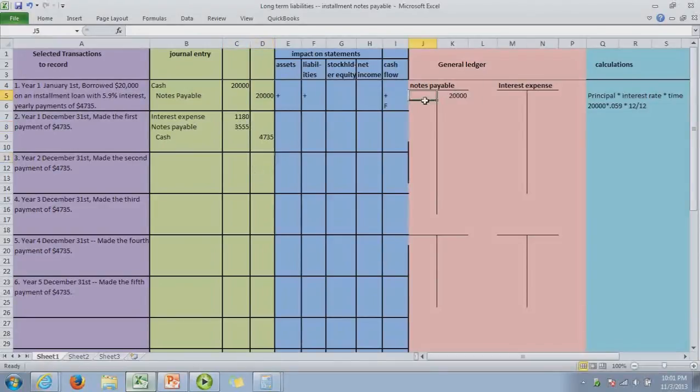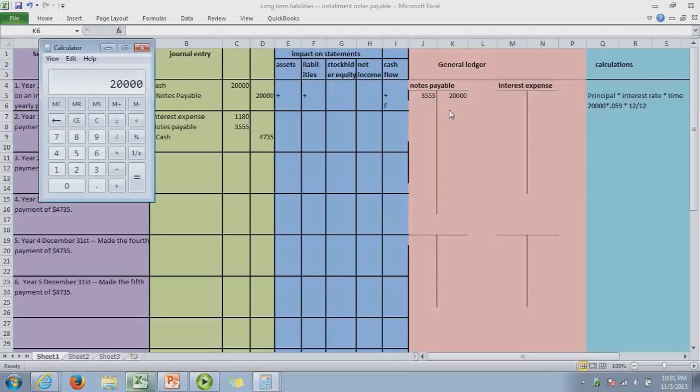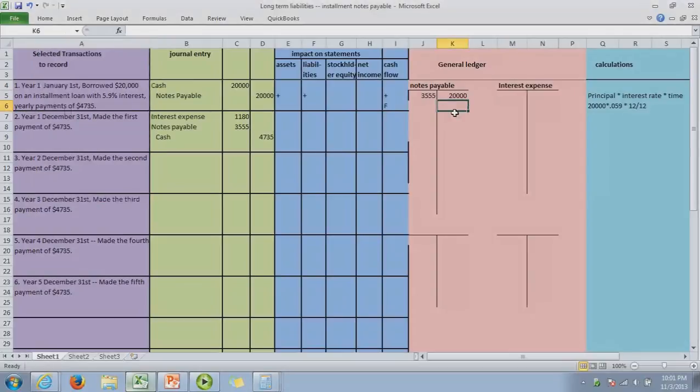I'll post that up here, and we'll figure out what the ending balance is. 20,000 minus 3,555, 16,445. Let's see if we can bold that. Okay, so that's the ending balance for the first year, hopefully, if the math is okay.